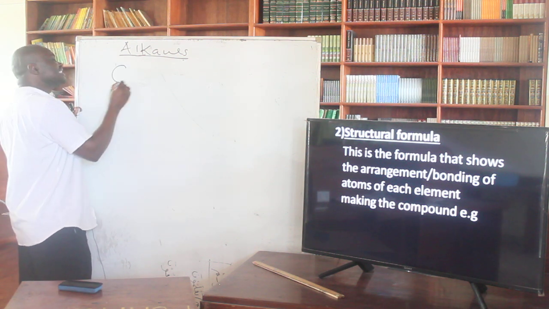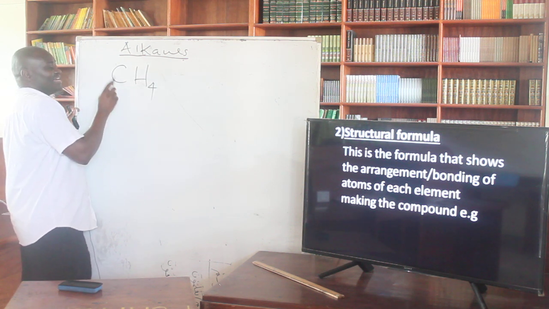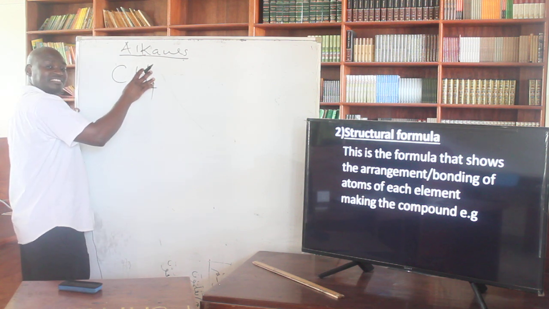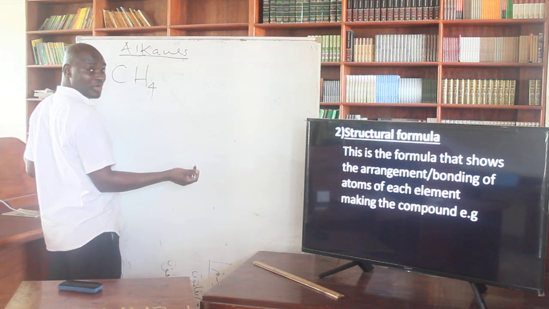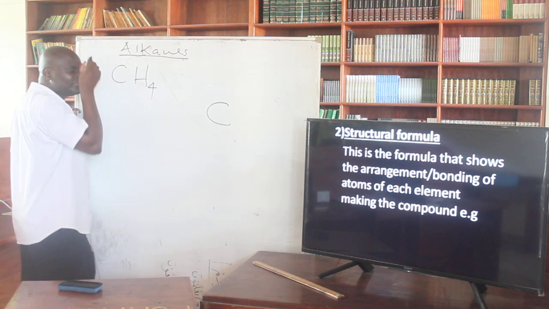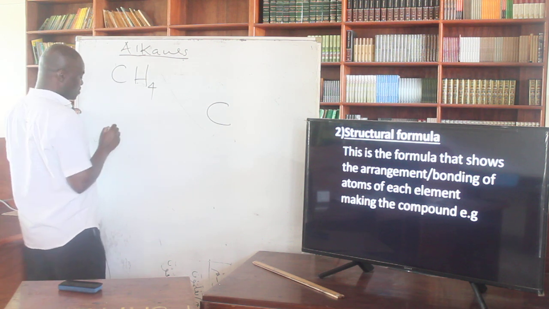Like when we draw CH4, we can decide that instead of representing this compound using a molecular formula, we represent it using a structural formula. So what are we going to do? We are going to write one carbon and one carbon. Carbon is 2,4.